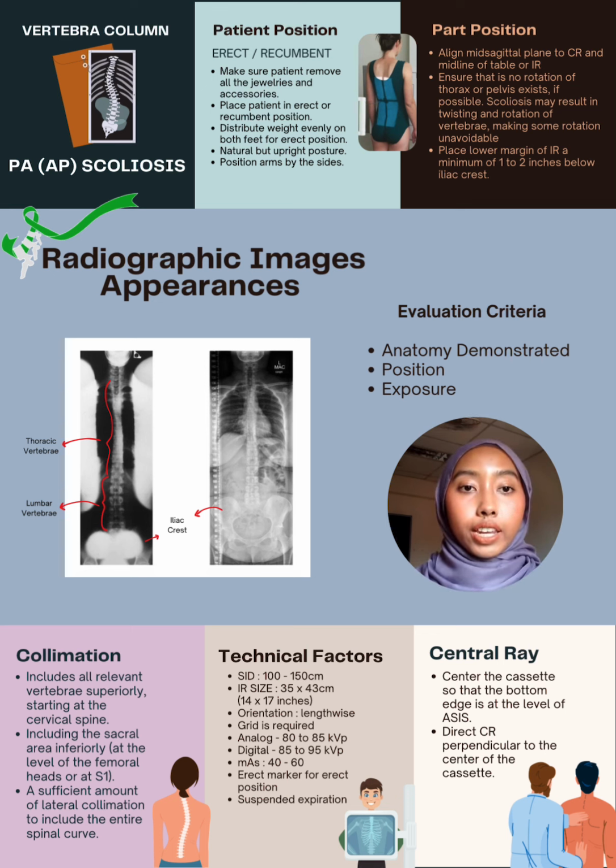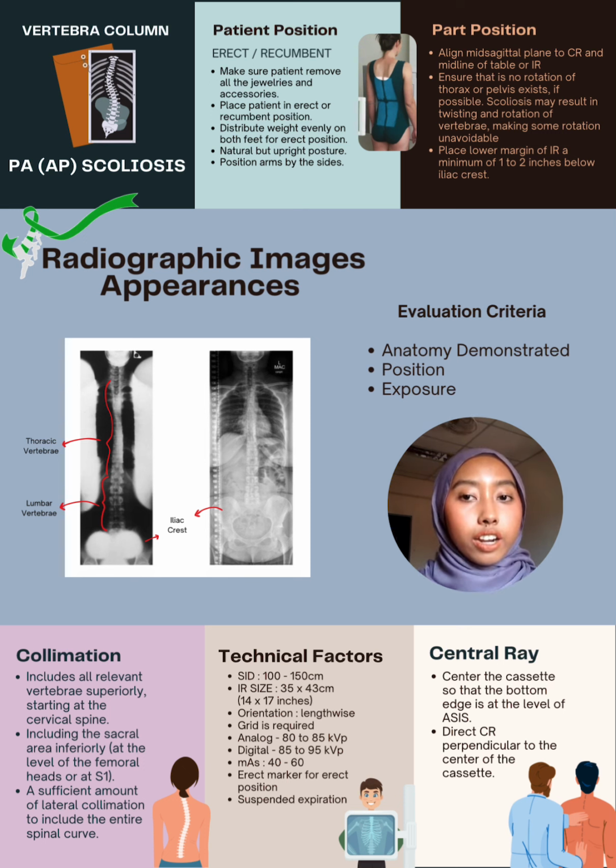So from the second image that we paste here, we can clearly see that the spinous processes of the thoracic and lumbar vertebra are aligned with the vertebral midline, and the iliac crest is symmetrical with the upper sacrum. So there is no patient rotation in this image. However, scoliosis is often accompanied by twisting and rotation of the involved vertebra.